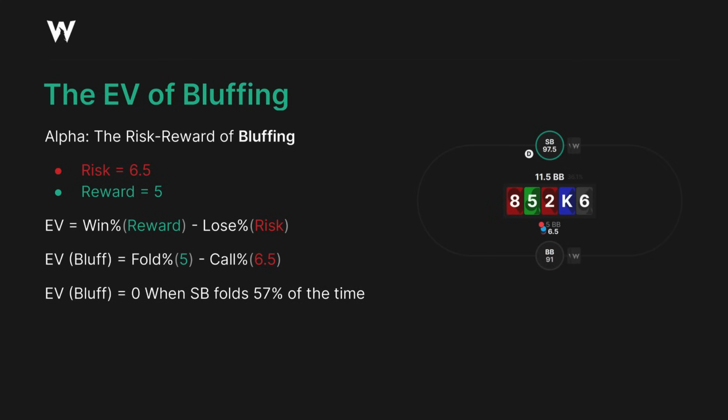So I'm going to replace those terms, and then we'll plug in the reward and the risk. And from here, you can plug in whatever percentages you like. You'll notice that if we plug in the break-even percentage, the expected value of bluffing becomes 0. But if you think they're folding more than that, now we're making money. If they fold less than that, now we're losing money. So again, if you understand risk and reward, you understand alpha, and you understand how to calculate the EV of a bluff. EV of bluff equals 0 when small blind folds 57% of the time.